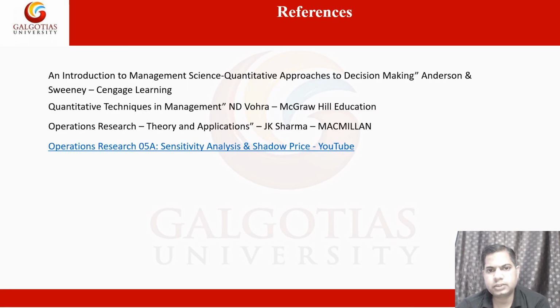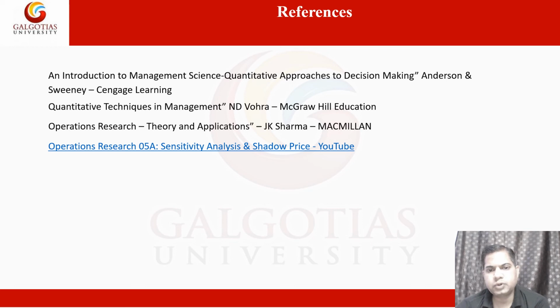So these are the resources, or references, which can be referred to find out more detail on sensitivity analysis. The first book is more towards the Excel approach, by which you can find out how we can get the sensitivity analysis report with the help of Excel, and how the shadow prices can be interpreted.